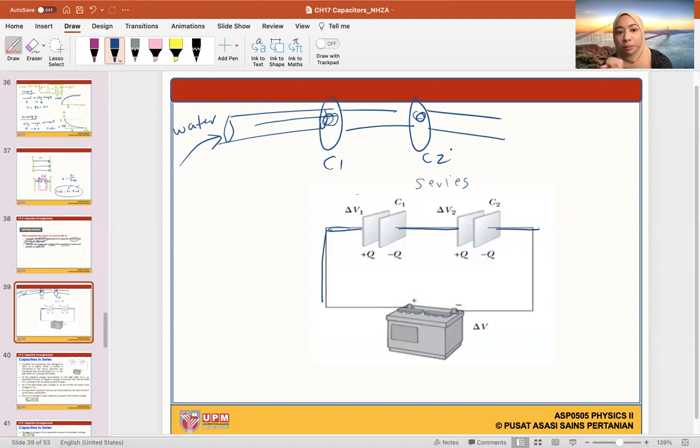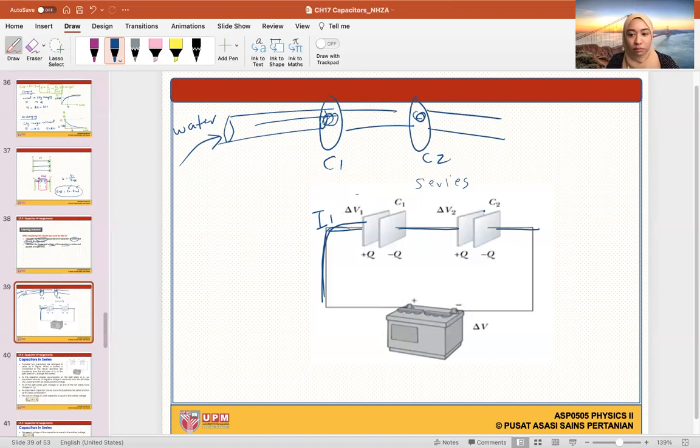They meet the same person. So if I have an electric, what do you call it? Current. If I have current flowing, current ni kita anggap macam water. If I have current flowing and it is called I1, C1 will meet I1. C2 will also meet I1, not his twin, but I1. Not a fraction of I1, but he will meet I1 as a full person.